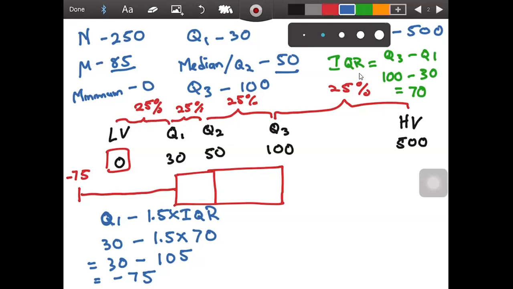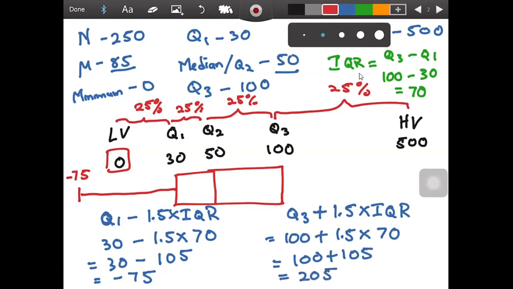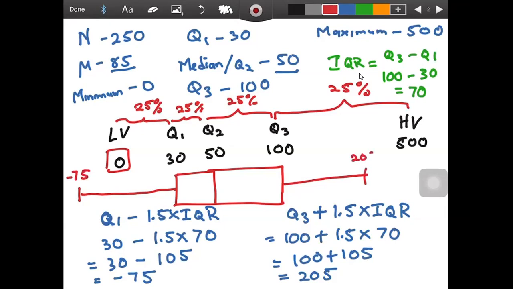Okay, let's check our upper whisker. So Q3 plus 1.5 times the interquartile range. Q3 is 100 plus 1.5 times 70, which we calculated just now as 105, equals 205.